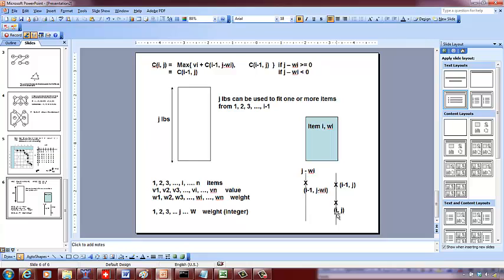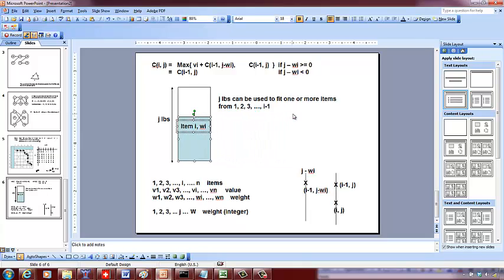If we want to compute the value for the cell (i, j), it depends on whether you are putting item i into the knapsack of capacity j, where j can be anything from 1 to W, integer weights. So you are proceeding based on the integer weights. There are two scenarios: you can put item i, or you cannot put item i.